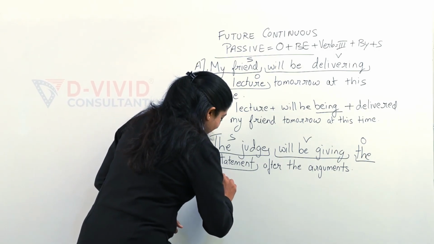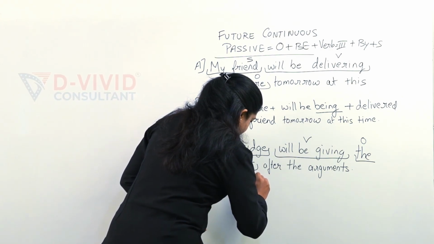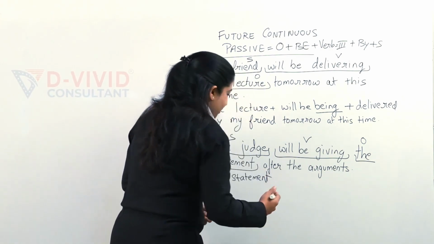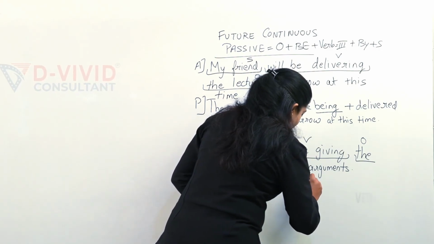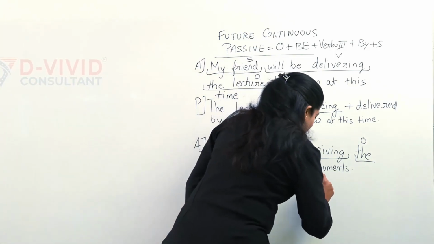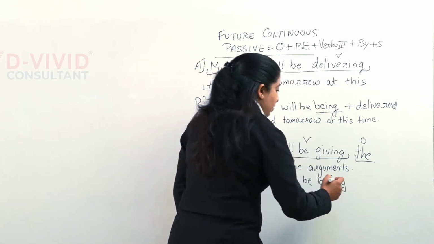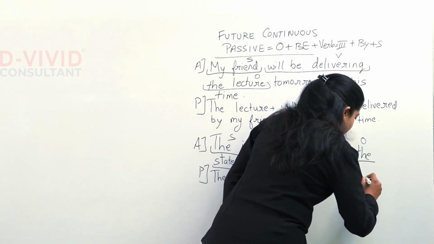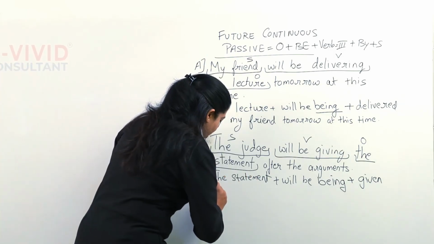So it'll be like this: the statement will be, now I'm very sure that you won't make any errors, will be being, the third form of give, given. By whom? By the judge.